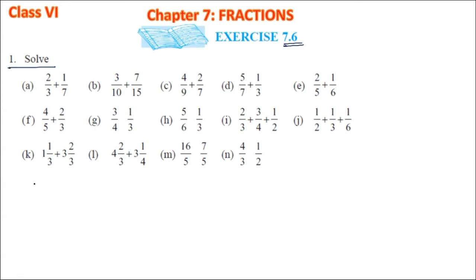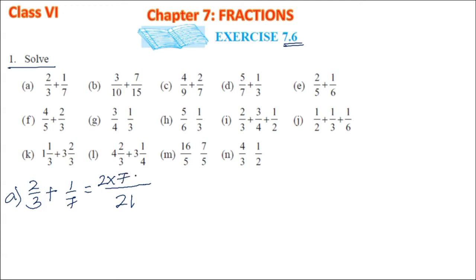We have to add 2 by 3 to 1 by 7. If you observe the denominators 3 and 7, they are different numbers. When different denominators are there, we can take their LCM. LCM will be 21. When 21 is the LCM, this 2 should be multiplied with 7 to make this denominator 21.